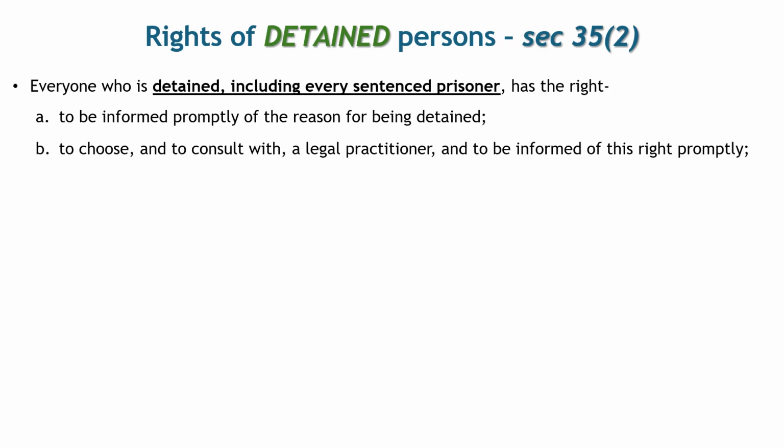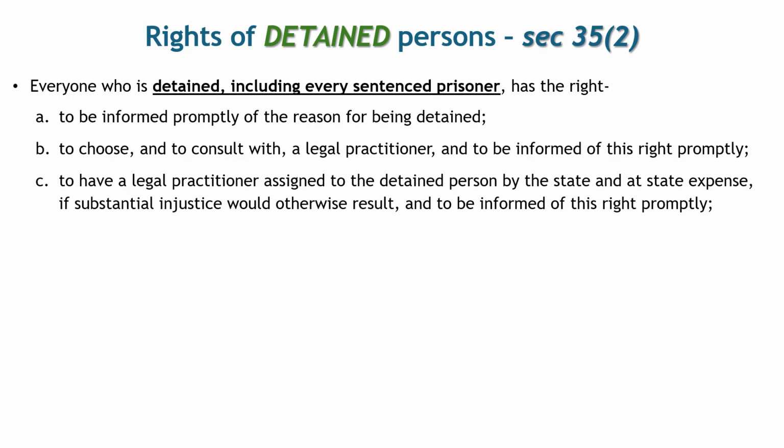Moving on, the second important right is that of legal assistance, a legal practitioner, to be informed of the right to a legal practitioner. Now, two options exist here. Either I choose and I pay for my own legal practitioner, or for indigent persons that cannot afford their own legal practitioner, and if substantial injustice would otherwise result, a legal practitioner may be assigned, in other words, no choice, to this person by the state and at state expense.